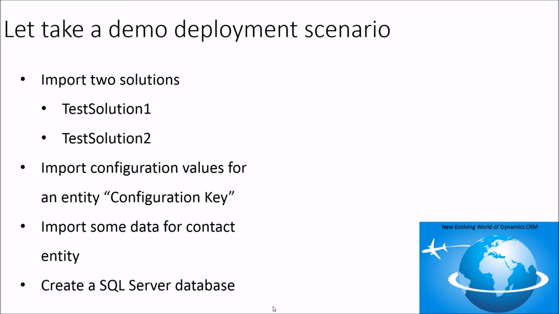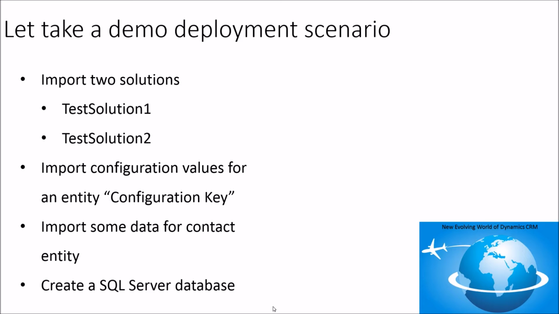For this configuration data, I'm using the configuration migration tool, and I will talk about this tool very soon in another session. This tool also came in Dynamics CRM 2013, and it is used to migrate this kind of configuration data from one environment to another environment.